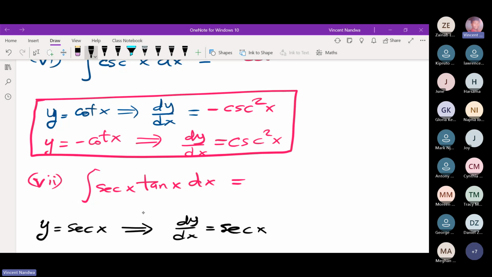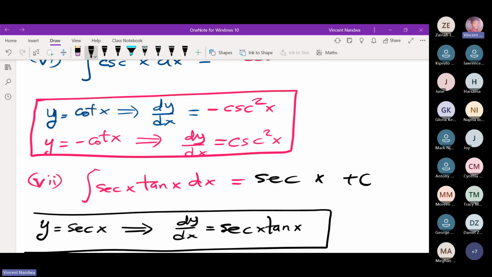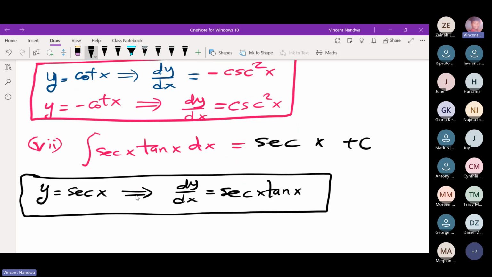So when we are asked to find the integral of sec x tan x, it simply means to find a function whose derivative is sec x tan x, and that function is sec x. Always remember that integration is the reverse process of differentiation. So when you are doing integration, it's assumed that you know how to differentiate.